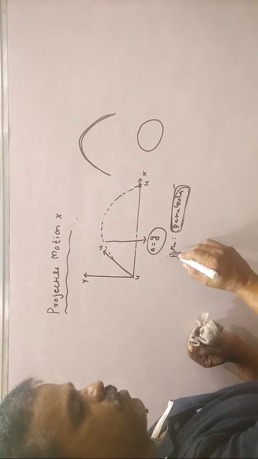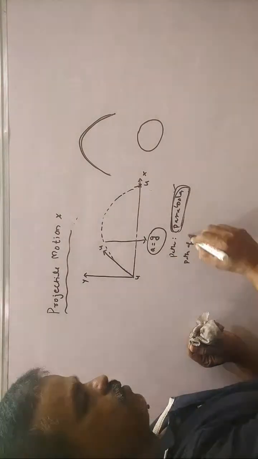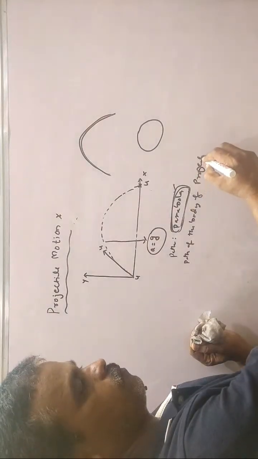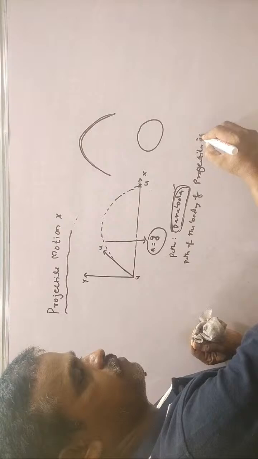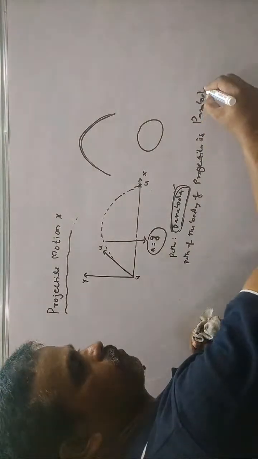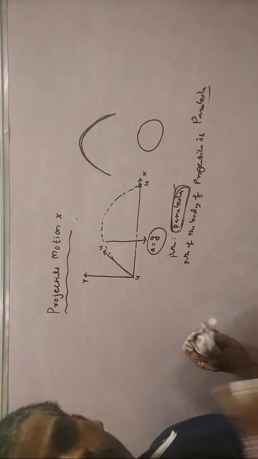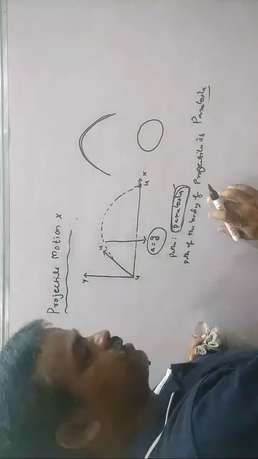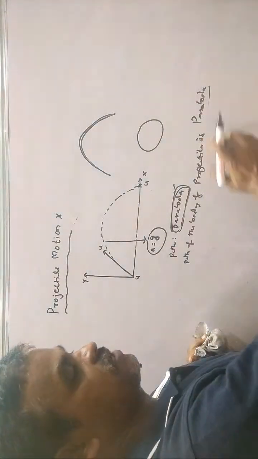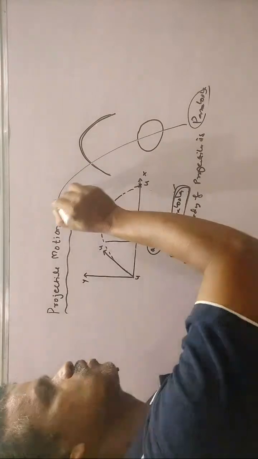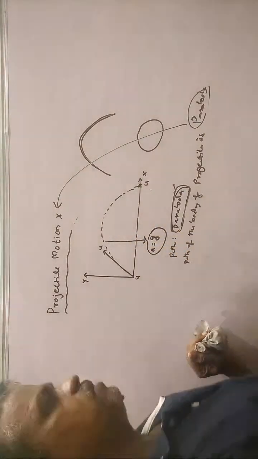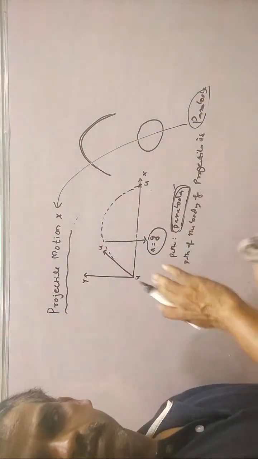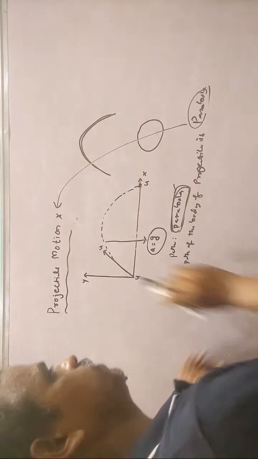Just you write, path of the body of projectile is parabola. Then if the path of the body of projectile is a parabola, we can call it projectile motion. Otherwise, if the body is moving as a projectile, the path of the body will be a parabola. Whatever it is, the converse also holds. Okay.